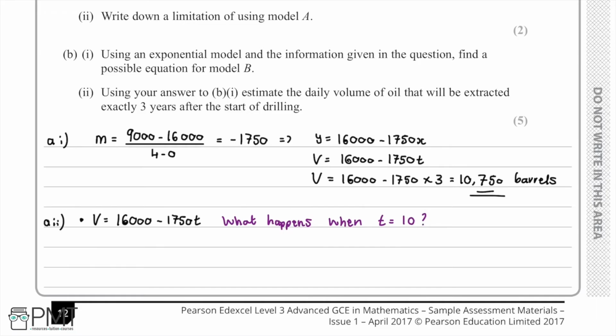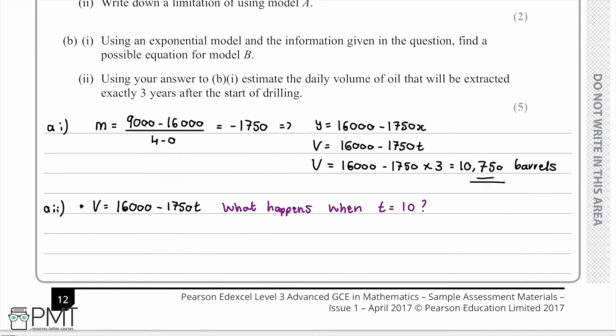So we can find this out by substituting t equals 10 into our equation. So we have 16,000 minus 1,750 times by 10. But we see that this is equal to negative 1,500.